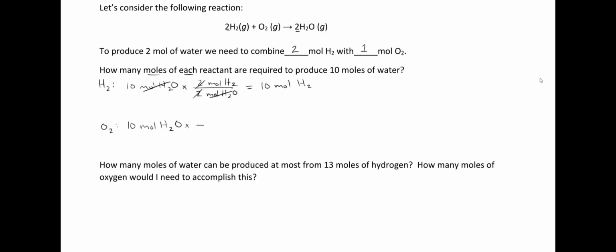And now the ratio is going to be a little different. So we want to get rid of moles of water, and we would like to have moles of oxygen. So just reading the numbers from the balanced equation, a 2 goes in front of the water, and a 1 goes in front of the oxygen.